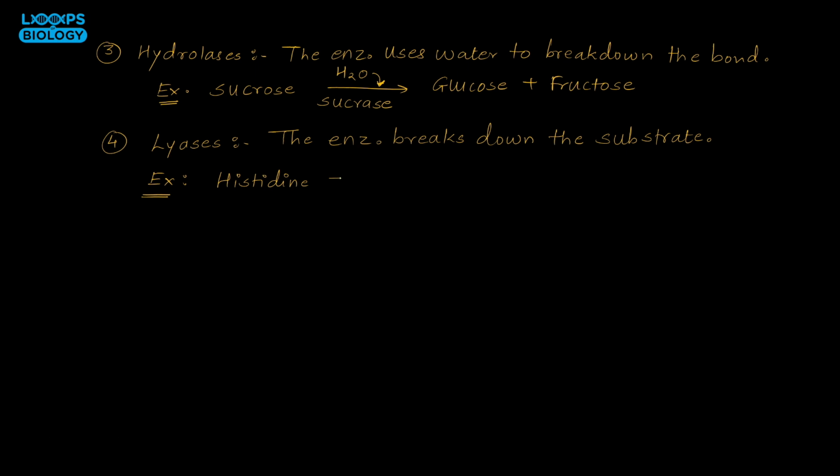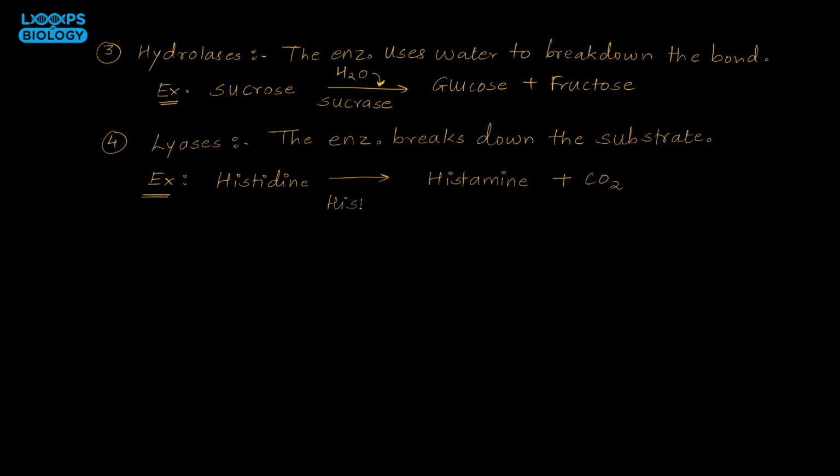Histidine is converted into histamine. Histidine is converted to histamine by removal of one carbon dioxide. So basically one carbon has been removed, and that is nothing but a breakdown of substrate. In this particular case, one carbon dioxide is removed.